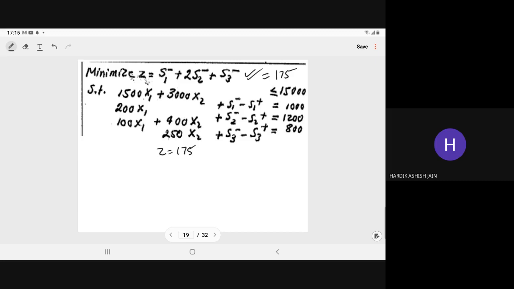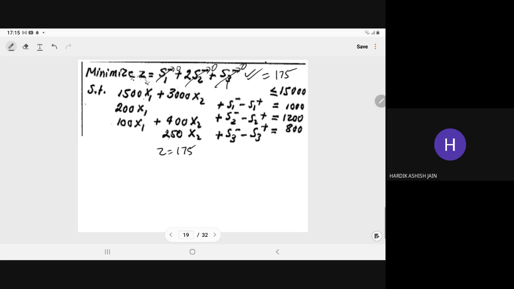Deviational variables. It means what we want: we want viewers more than 1000, more than 1200, more than 800. When we say Z is equal to 175, it means first, what we want? We want this deviation to be 0, but it is not coming 0.